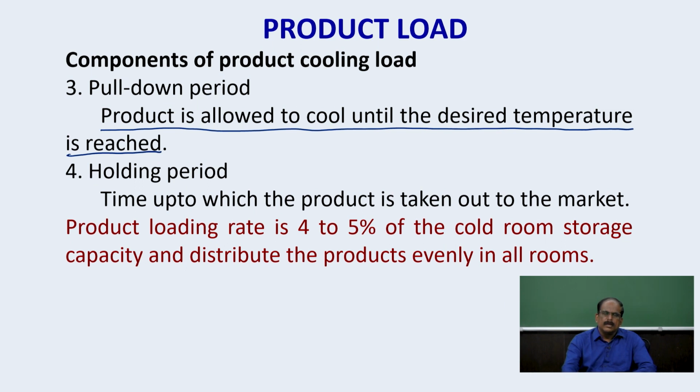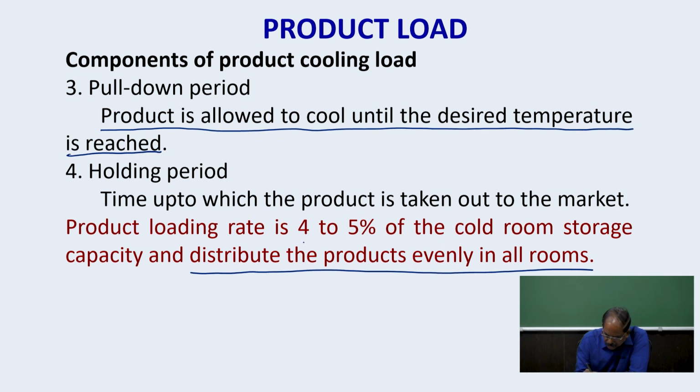Suppose if 1000 kg, 1 ton, is to be loaded and the cold store contains 4 rooms, it should be evenly distributed in all the rooms. So the product loading rate is very, very important, of the total cold room storage capacity.